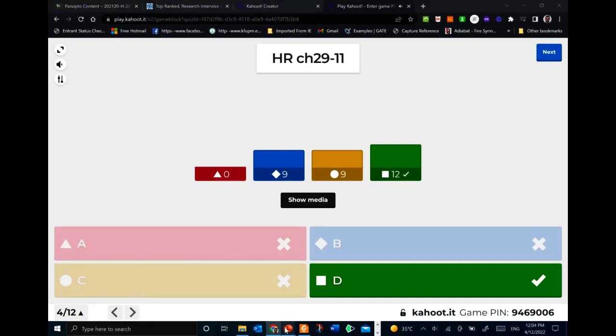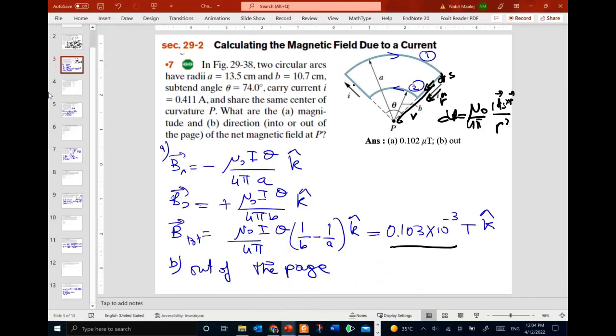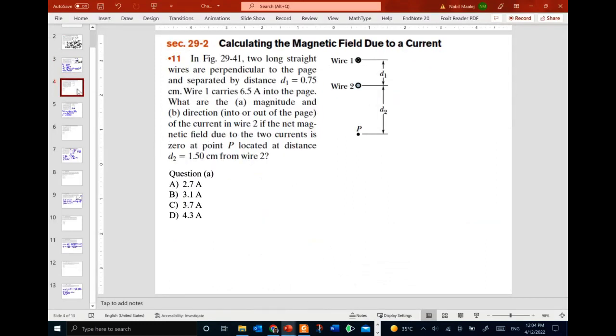Okay, so let's look at this problem. So we know wire 1, the current is into the page. So let me call this I1. Let's call this I2. Okay, so first of all, let me determine the direction of the magnetic field from wire 1. So you point your finger in the direction of the current, it's into the page. Okay, so B1 is going to be like this.